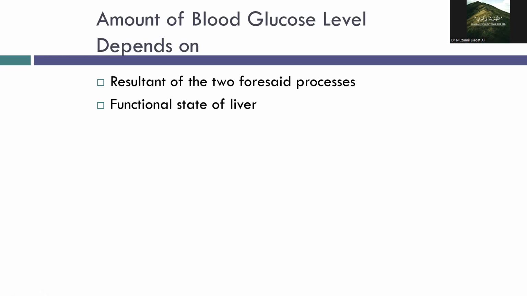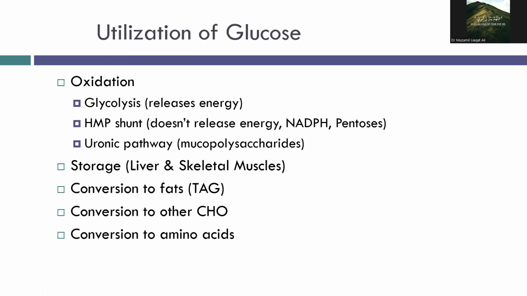So, what are the major fates of glucose? Glucose has several metabolic fates, like the oxidation via glycolysis, right? That is the energy-yielding pathway to pyruvate or lactate, right? HMP shunt, the pentose phosphate pathway, generates NADPH molecule and pentoses, and there will be no net ATP produced during this process, right?